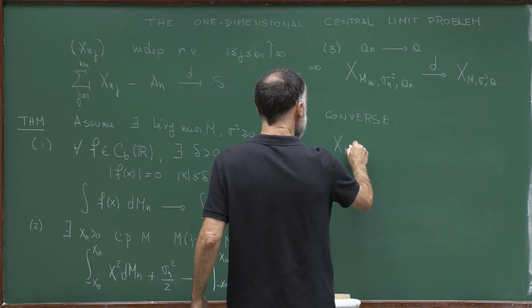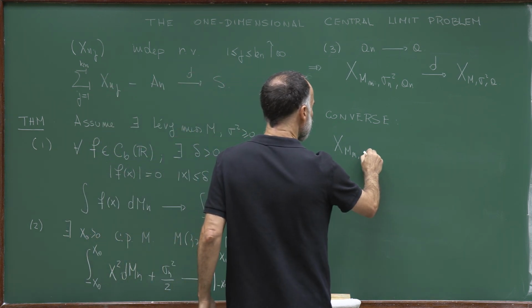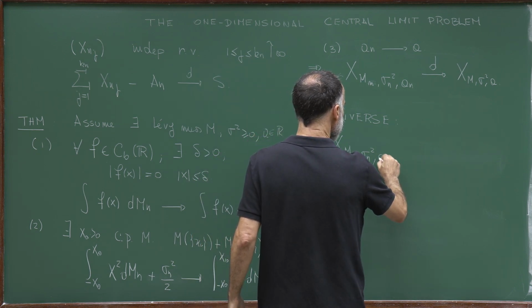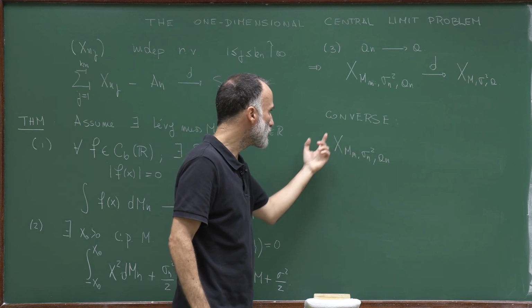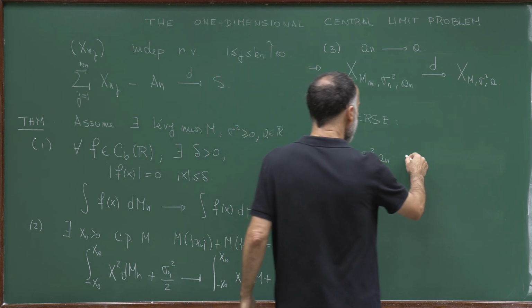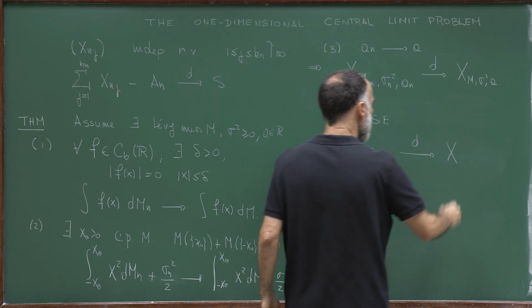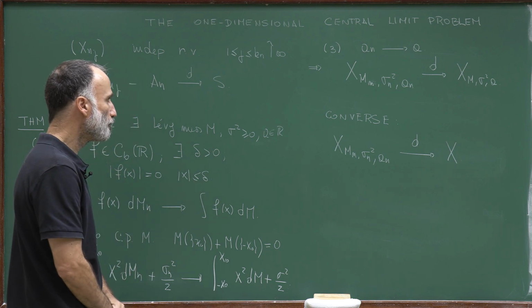We have a sequence of Levy measures Mn, a sequence sigma n square of non-negative real numbers, and a sequence of real numbers an. And assume that the distribution associated to this triple converges to some law. So assume that this sequence converges in distribution to some law.